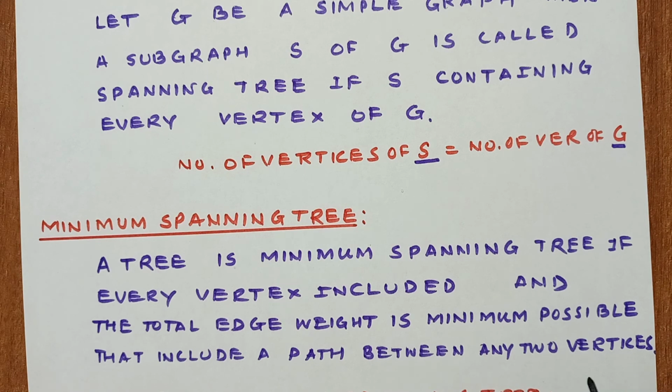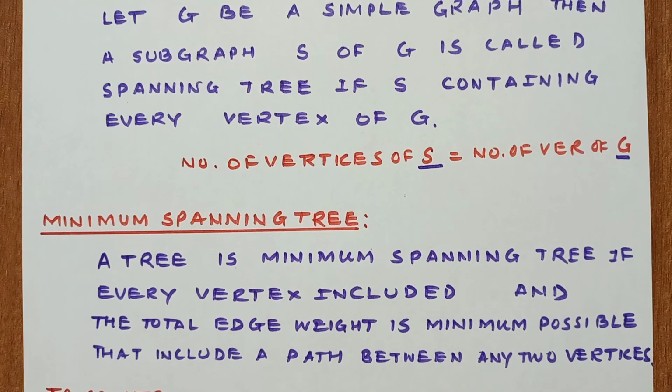We shall calculate the minimum spanning tree. There are two conditions. The first condition is that every vertex is included, and the total edge weight is minimum, such that it includes a path between any two vertices.